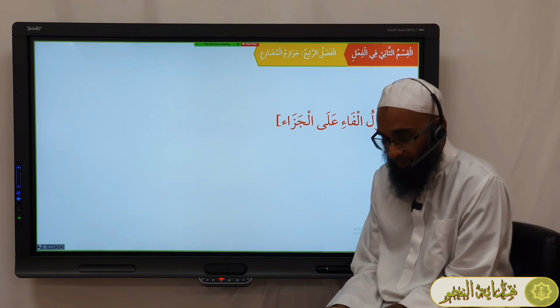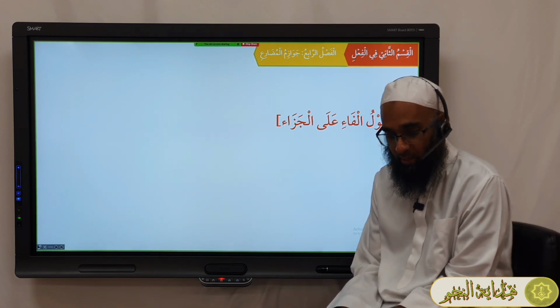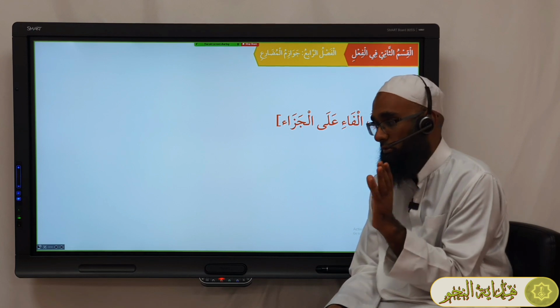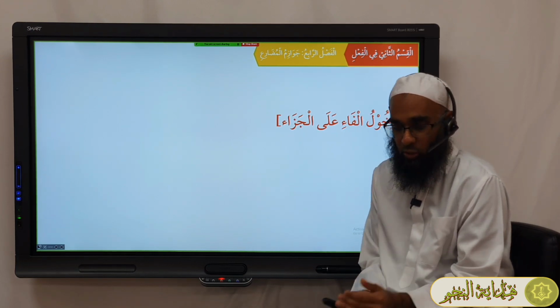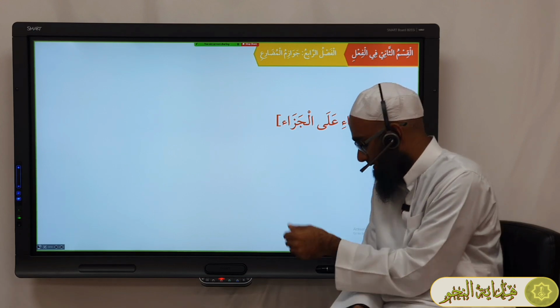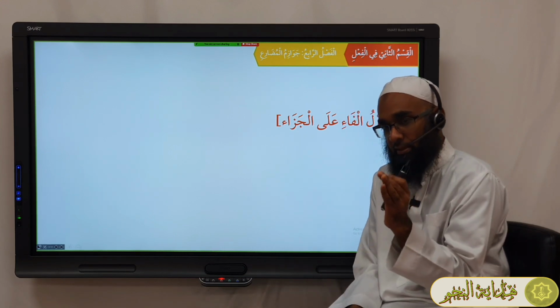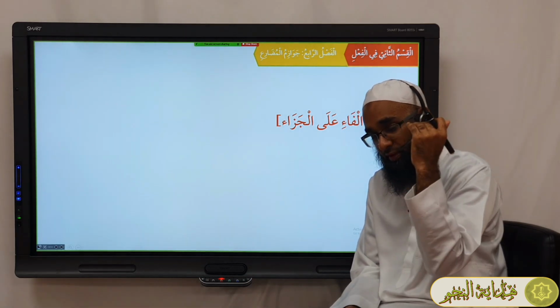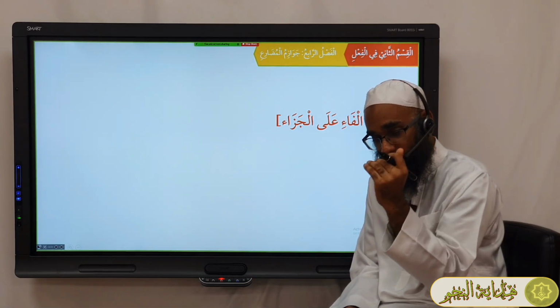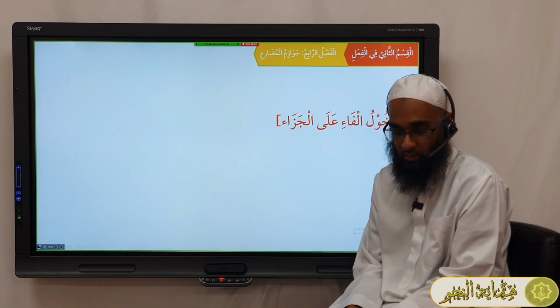So now what we're discussing is where the Jawab al-Shart has a fa. If you look back to our previous slides, we saw that in the examples we gave, the Fa'l Mudari was a Jawab or the Fa'l Madi was a Jawab.